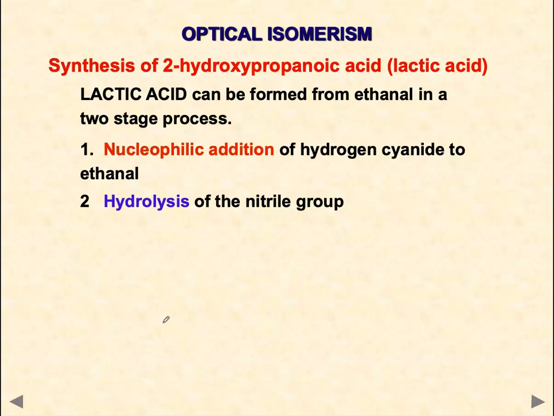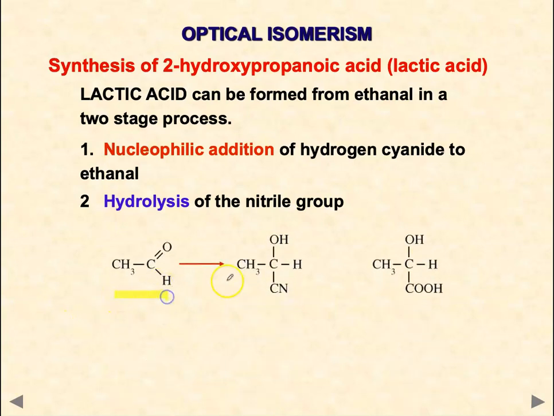Number 1, nucleophilic addition reaction of ethanal with HCN or with KCN and HCl forms 2-hydroxypropane nitrile. That then undergoes hydrolysis with HCl and water to form, please note here now, the cyanide group has been hydrolyzed to form the carboxylic group.